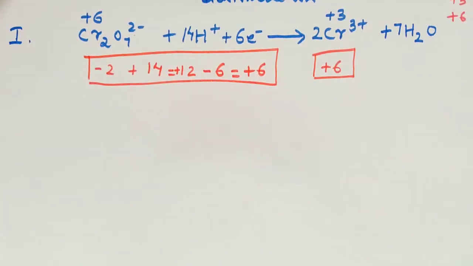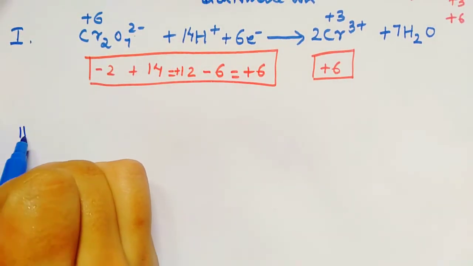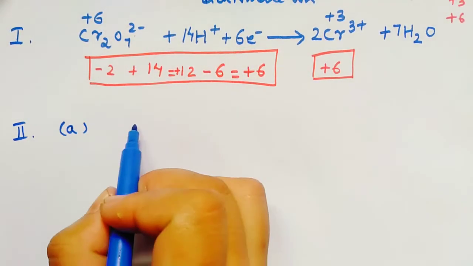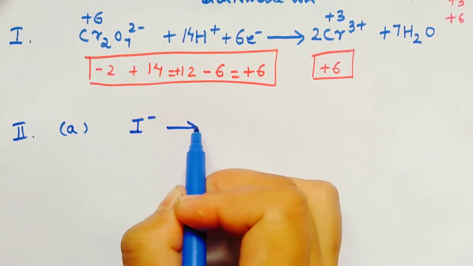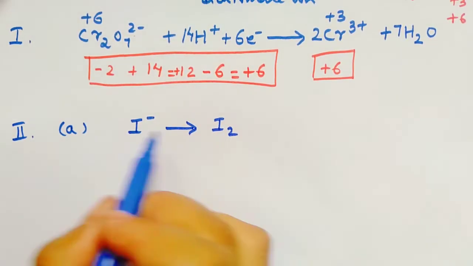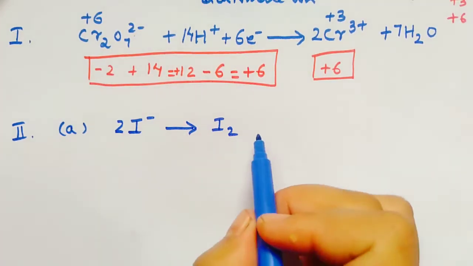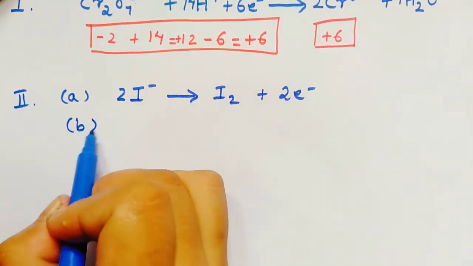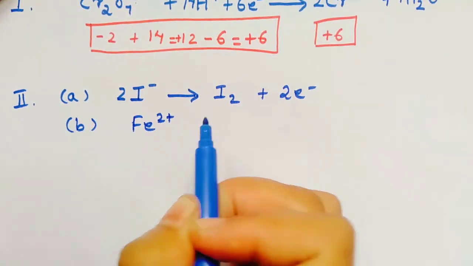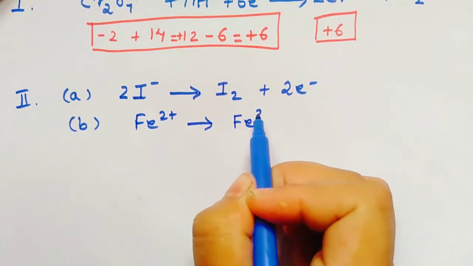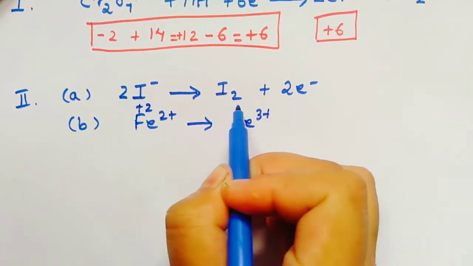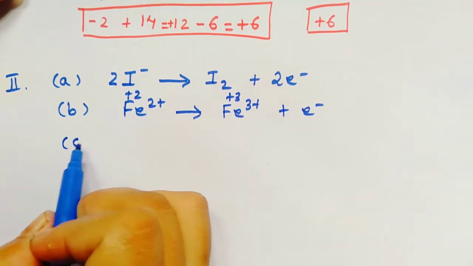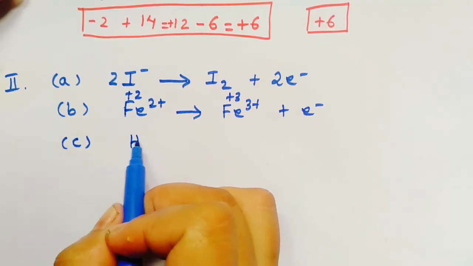Now we come to the second trick. See, iodide ion is oxidized to iodine. Here you have to multiply by 2, which means 2 electrons are lost. Next you have Fe2 plus oxidized to Fe3 plus. Here oxidation state is +2, here +3, so 1 electron is lost. And then C, you have your H2S.